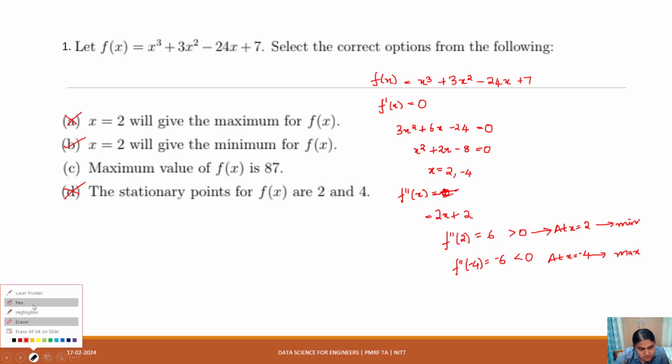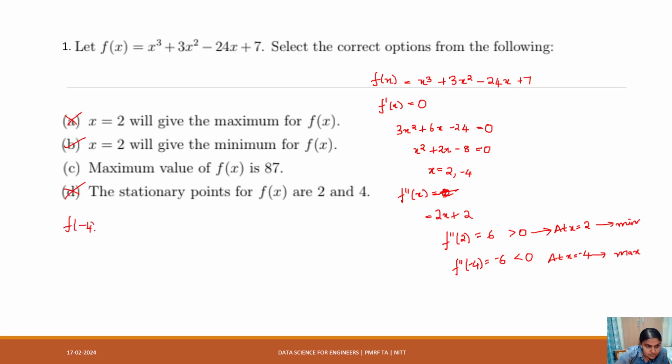Okay, so maximum value is at point x equal to minus 4, so you have to find out f of minus 4. Okay, so minus 4 whole cube plus 3 into minus 4 whole square minus 24 into minus 4 plus 7. That means this will be minus 64, then this will be 48, and this will be 96 plus 7.